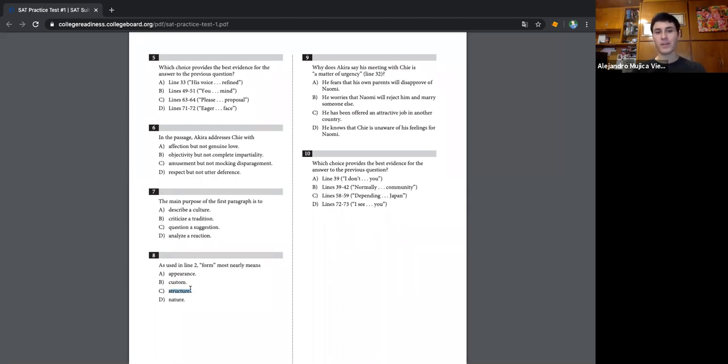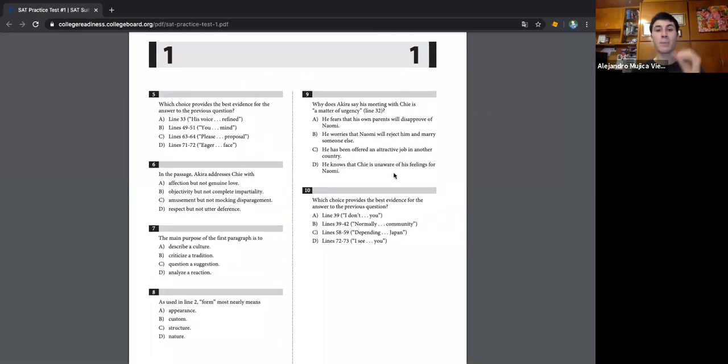However, structure and custom both refer to structure, really. It's only that custom is more specific and goes toward a cultural tradition. So custom is the structure of a cultural tradition, sort of. Because custom is more specific and appropriate for that context, we use letter B. Does that make sense to all of you?